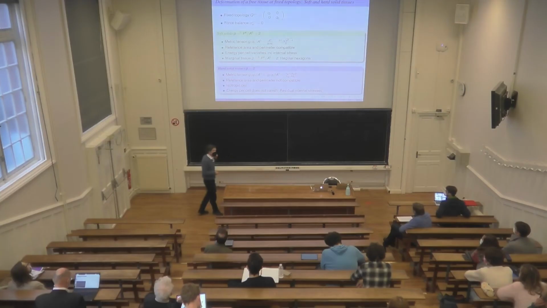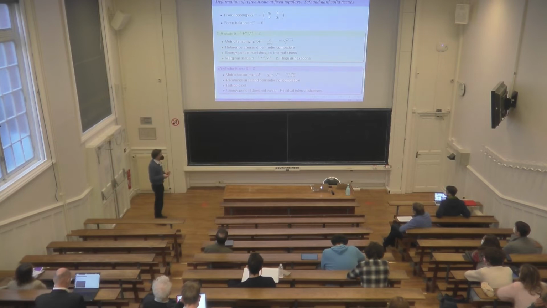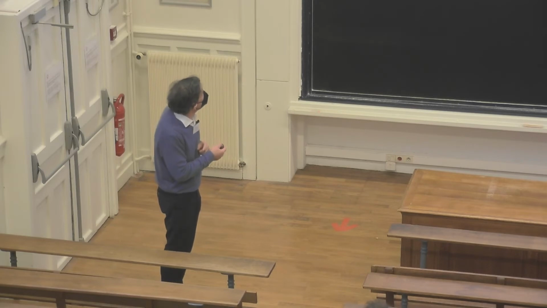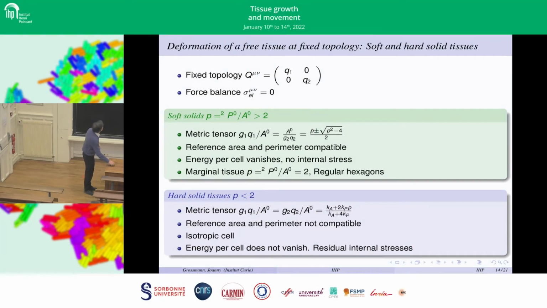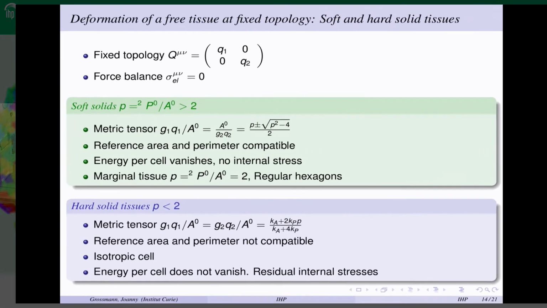If p is smaller than 2, as in the original model, there is no way I can minimize the two terms together. And what happens is that the tissue wants to be as isotropic as possible, so the two eigenvalues are equal, and you find a value of both G1 and G2, which depend on the stiffness and on this shape ratio P. In this case, area and perimeter are not compatible.